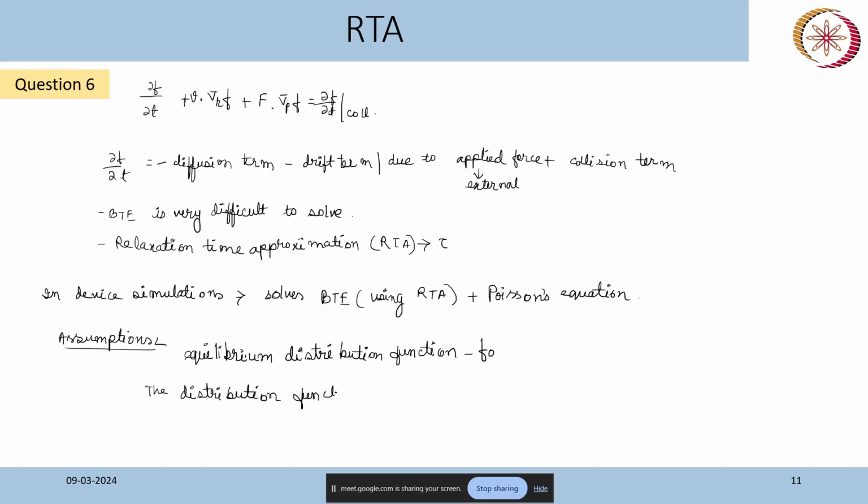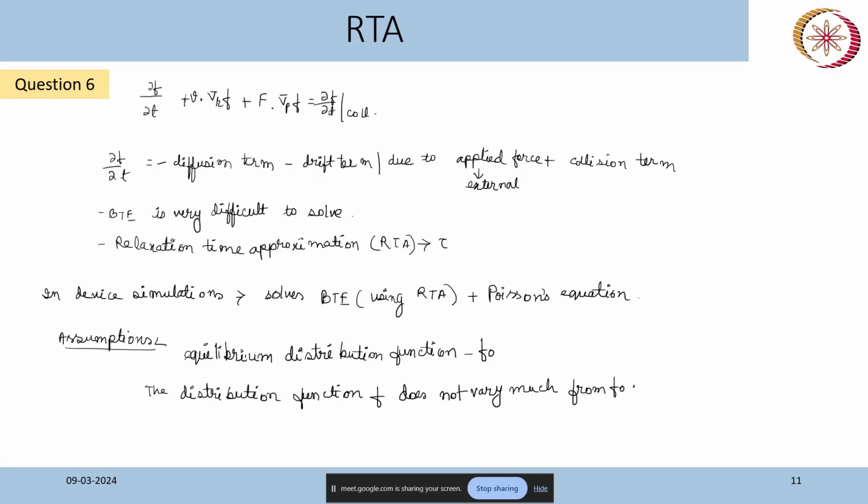So the distribution function f does not vary much from f naught. It does not change entirely; it's not like an entirely different form of the distribution.